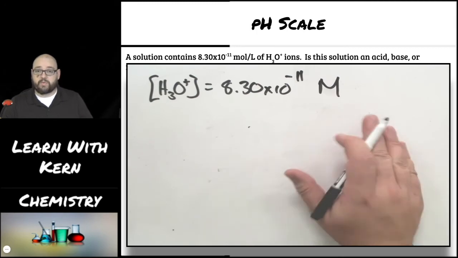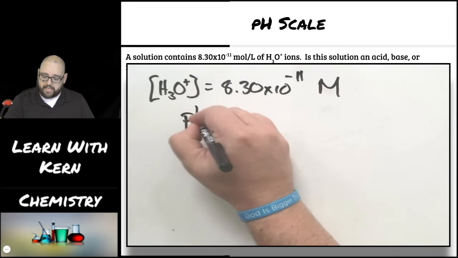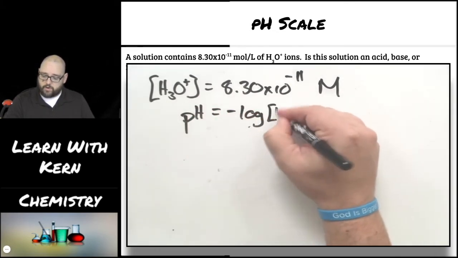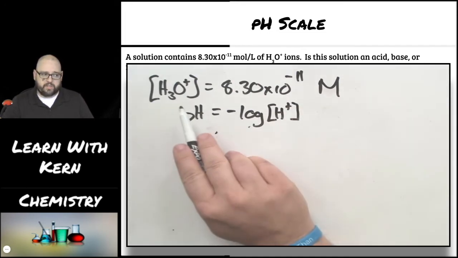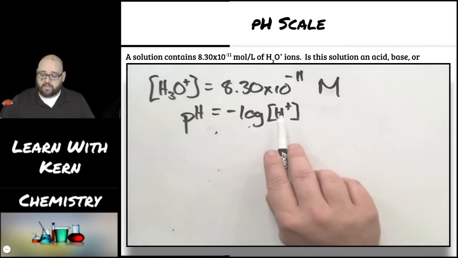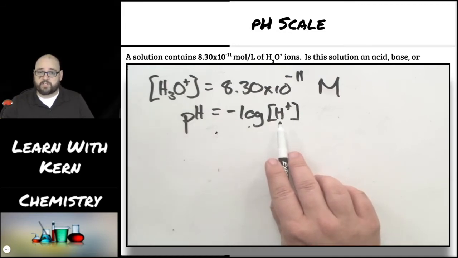So again, we need to find our pH. Well, pH is the negative logarithm of our H plus concentration. But I wasn't given the H plus concentration. I was given H3O plus. But again, these are conceptually the same thing. So if I have my hydronium concentration, that's the same as giving you the H plus concentration.